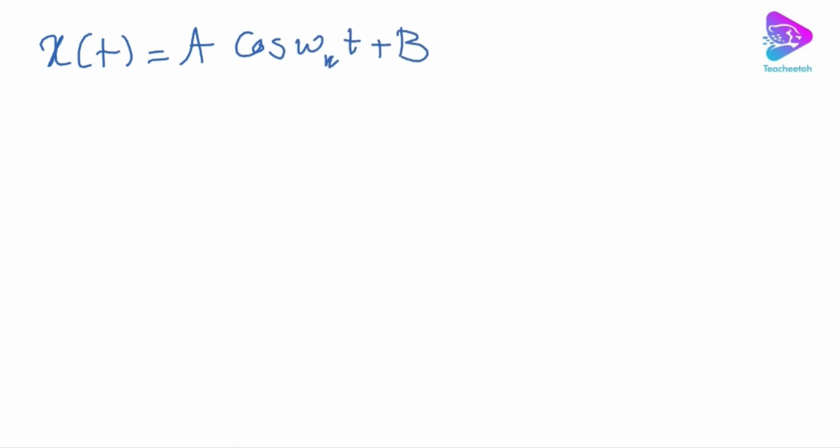So for the undamped case, we need to find the total response of the system. The response would be in the form of, like I said, the summation of the homogeneous part and the particular solution, which gives us A cos omega n t plus B sine omega n t.